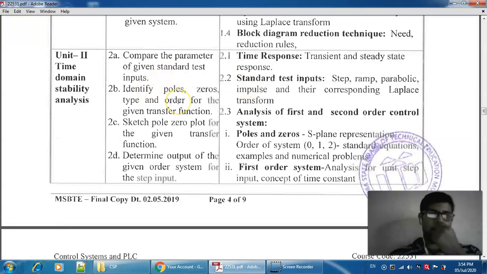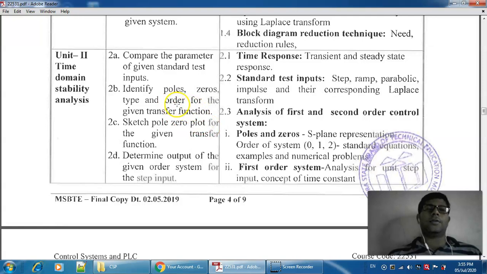Second is to identify the poles and zeros, and the type and order of the given system. After learning 2.3, you will be able to identify how many poles and zeros are in the control system, and what the type and order of the control system is, whether it is first order, second order or third order.